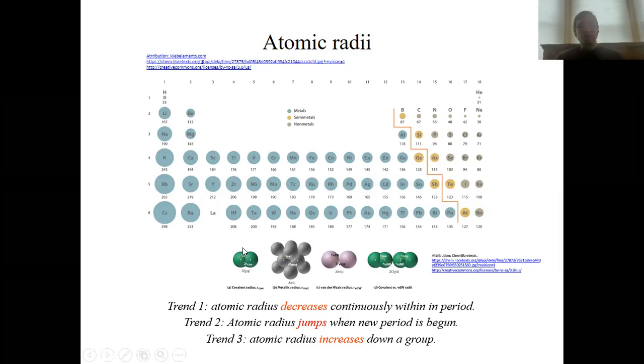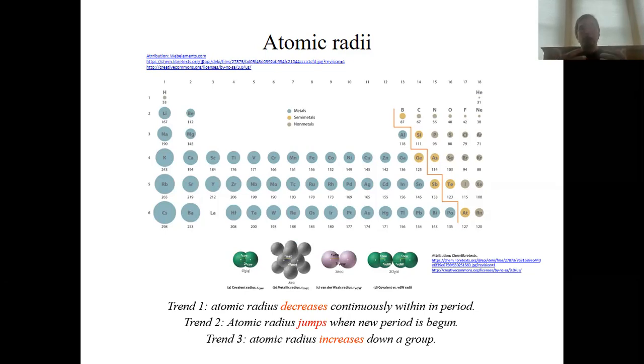So we can define an atomic radius as a so-called covalent radius. In this case, we are talking about the radius of an atom when that atom is being bonded through a single bond to the same atom.